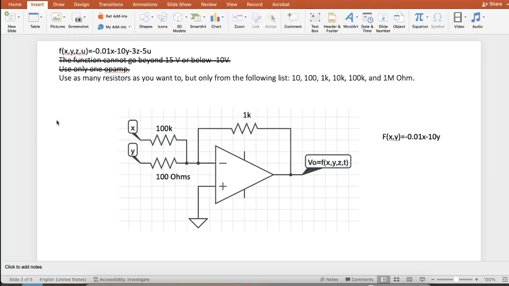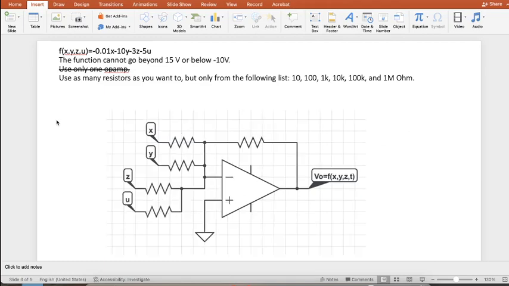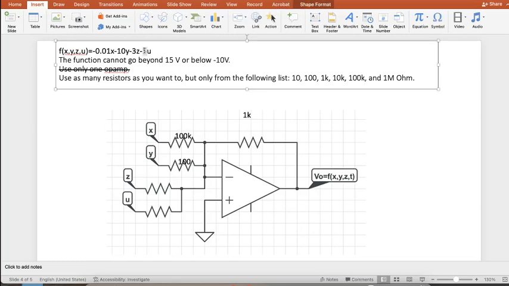So we keep going like this for Z and U, the same way. Let me quickly do this, 100K, and then this guy here is 100 ohms. That's not very good, huh? Now for Z, it's the interesting part. Actually, let me just do U here.